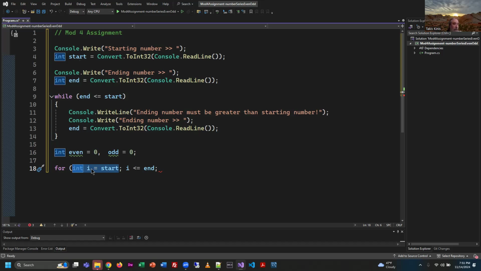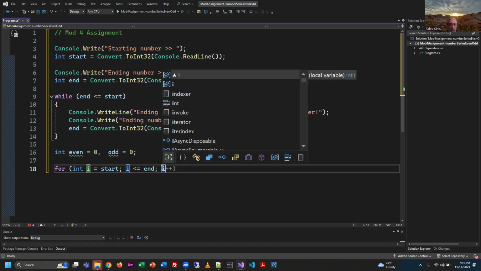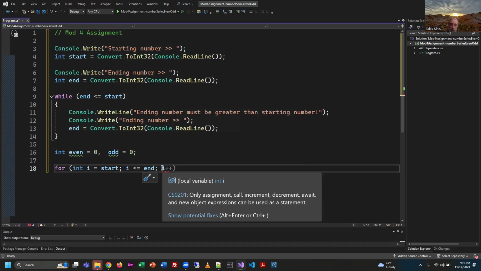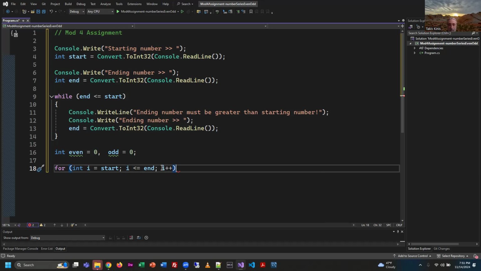Starting with the starting number makes sense. And then I want to run that until it is less. Well, we're going to run it as long as it's less than or equal to the ending number. And then are we going to increment? Oh yeah, we have to increment the i for sure.